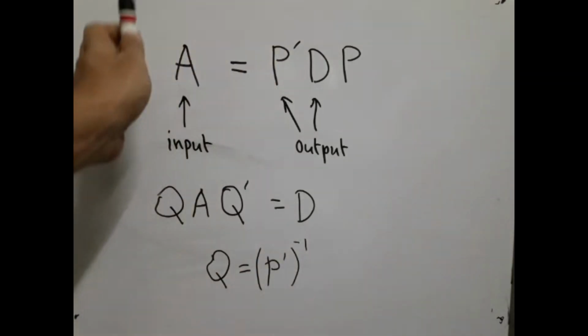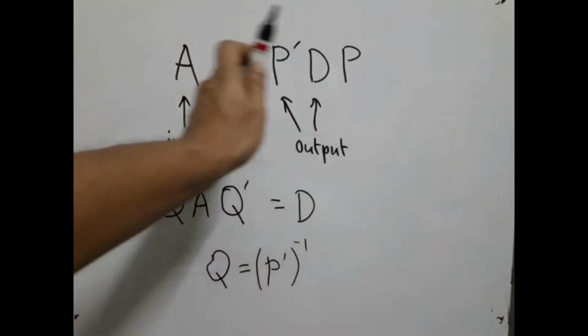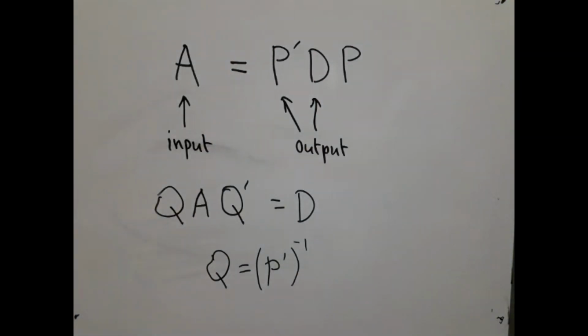So, if I take this P transpose on this side and this P on this side by inverting, I get this. So, instead of saying that we want to find P and D, it is as well to say I want to find Q and T, because knowing Q is the same as knowing P. You just invert and then take transpose, you will get one from the other.